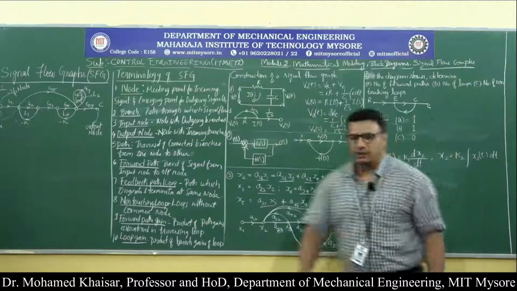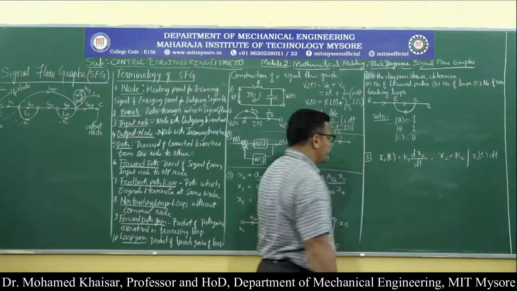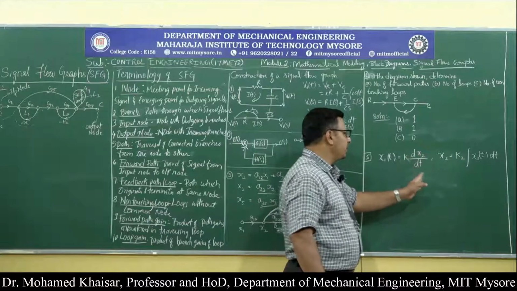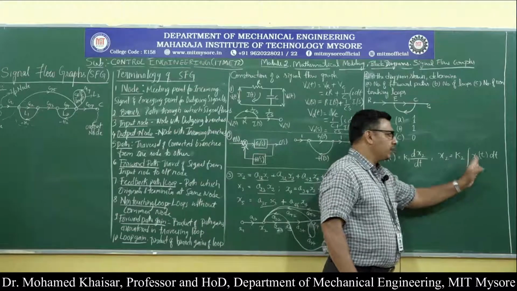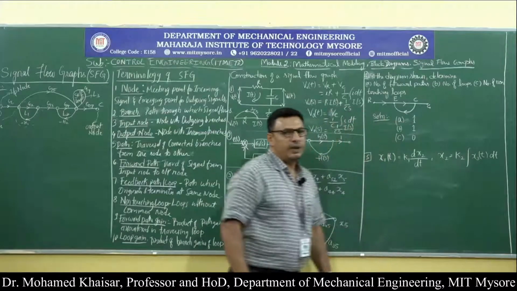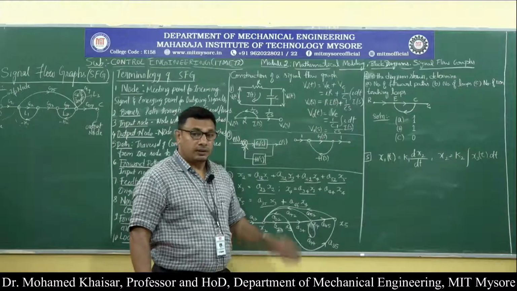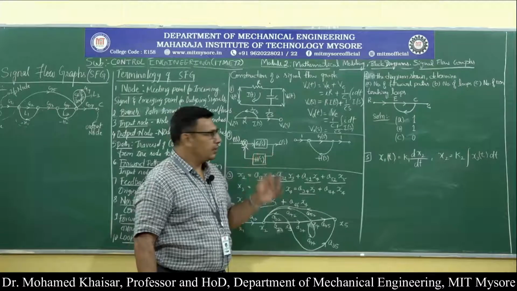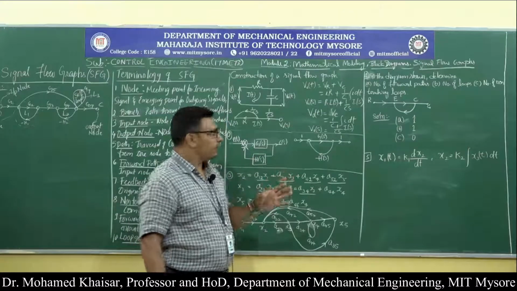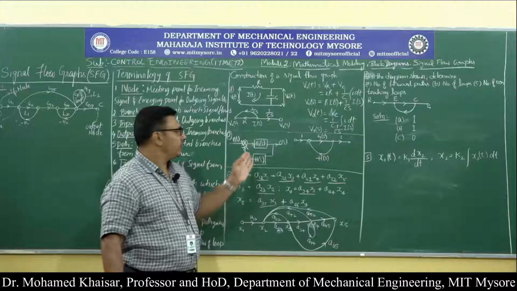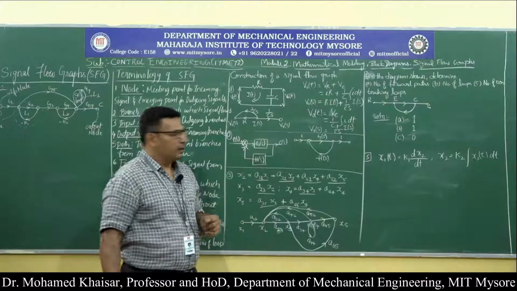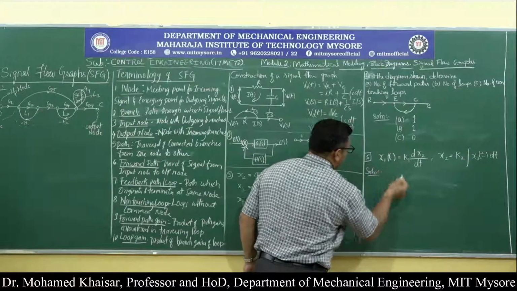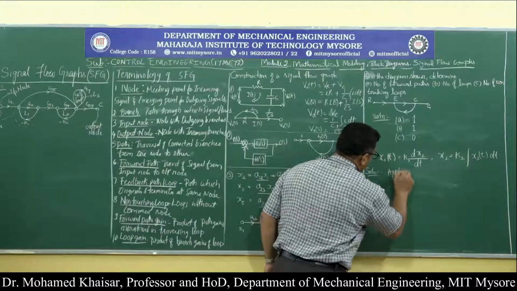Suppose some relationship is given to us in this fashion, say x1 of t is equal to k1 into dx2 by dt and x2 is equal to k2 integral of x3 of t into dt, and we are asked to draw the signal flow graph. This is important because even in practical problems we could be given a system represented by such equations or maybe drawings. The first step is to apply Laplace transformation.